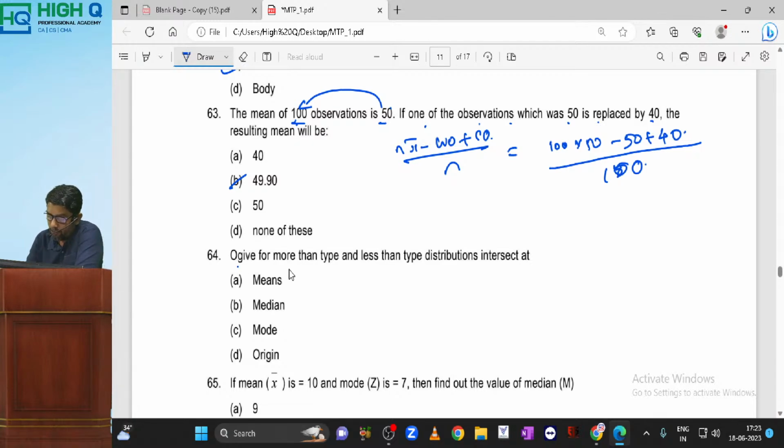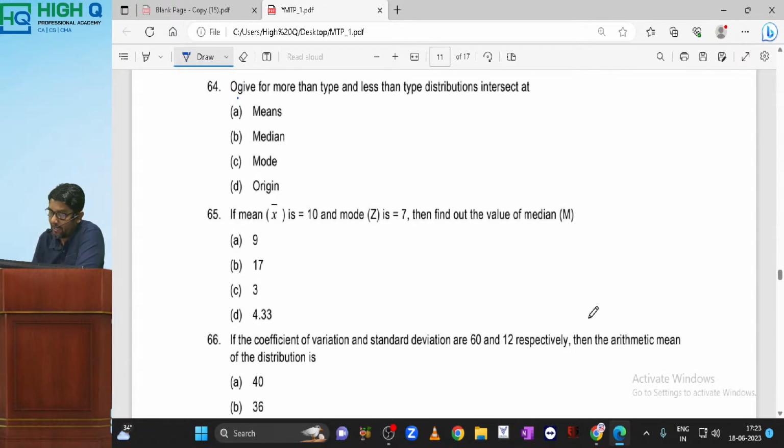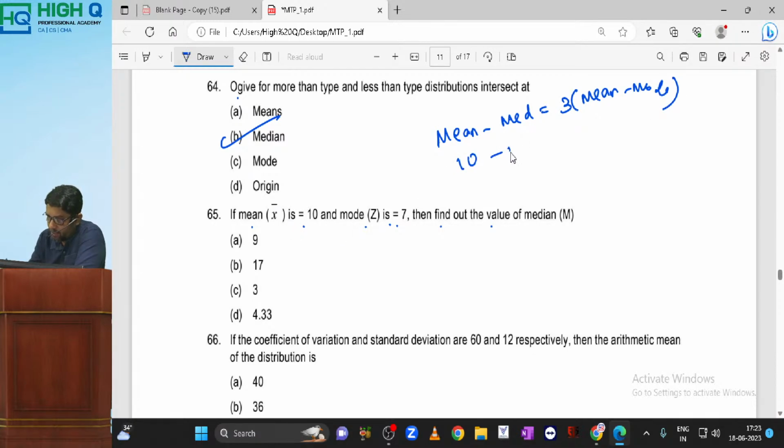Ogive for more than type and less than type distribution intersects at median. If x bar is 10, mode is 7, then find the value of median. Mean minus mode is equal to 3 times mean minus median. So 10 minus 7 is 3, equal to 3 times 10 minus median.